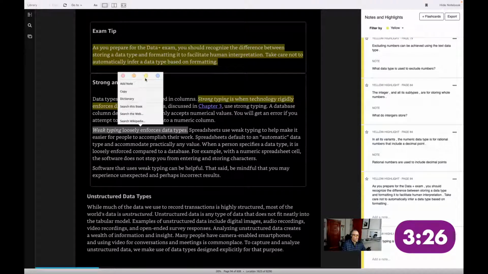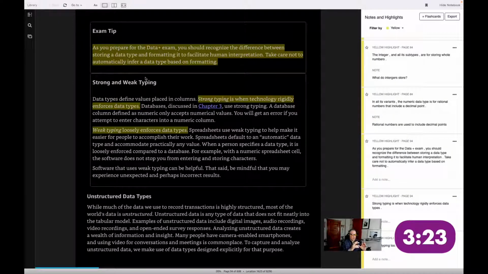Let's say we're doing numbers, weak typing would allow you to have numbers and maybe alphanumeric, so some letters, some numbers. But with strong typing, if that particular set is specifically numbers, you can't put letters in it. Like he says, databases use strong typing because those things connect to other things, which in a spreadsheet is not the case.